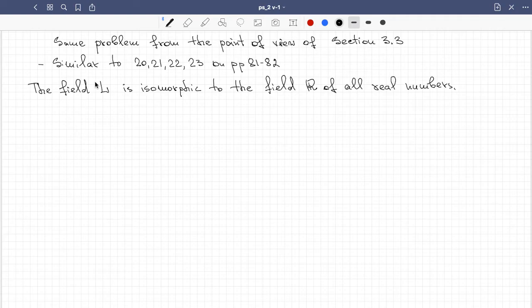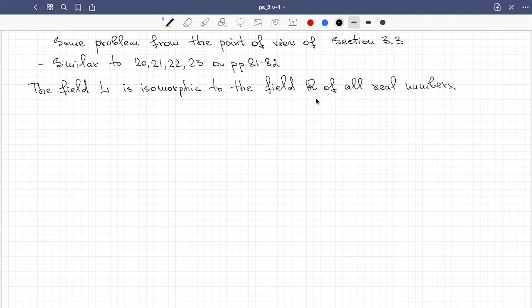Whatever it is, a ring, commutative ring, whatever, we will immediately prove that L with these operations is a field isomorphic to the field of real numbers. And that illustrates both an alternative approach to that exercise, how you may do that without going annoyingly through all axioms. At the same time, this is an illustration of what isomorphism is about.